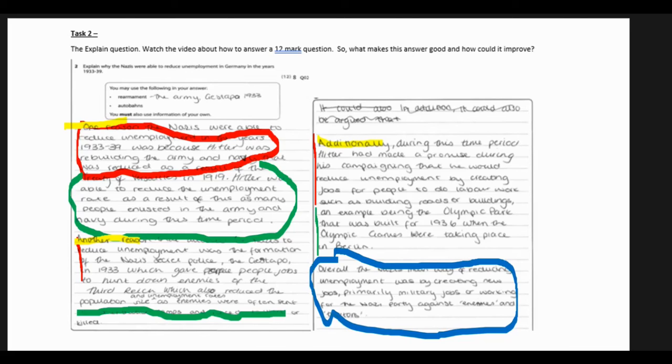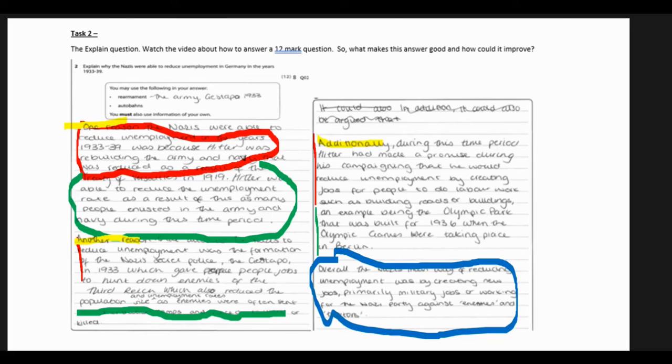So what we've really got here is a list of different reasons, and that's fine because the answer is still showing some knowledge and it's still getting to 8 out of 12, but the answer is listing reasons rather than crafting an explanation which is tied together. So there isn't an argument that's tying this thing together. It is mainly an answer which lists different reasons why the Nazis were able to reduce unemployment.